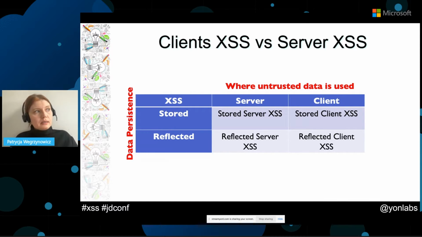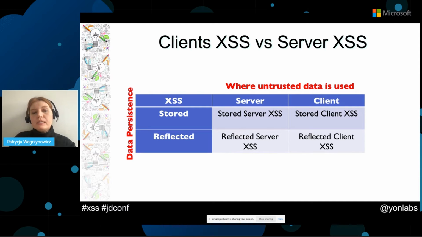In my own classification, it's better to focus on two orthogonal axes of XSS attacks: one axis is where data is persisted, and the other one is where untrusted data is being used.